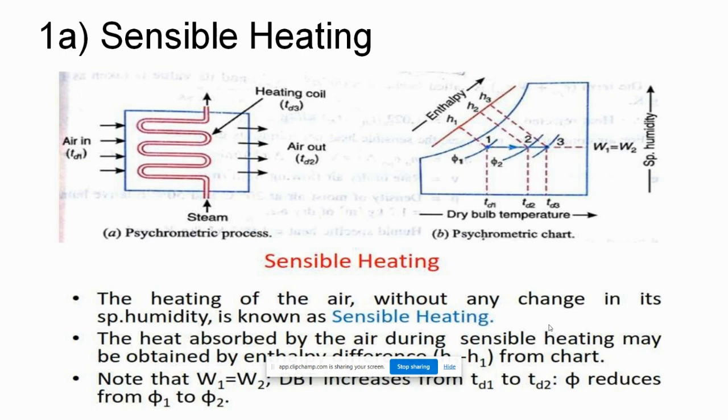Now, the heat absorbed by air during the sensible heating process may be denoted by the enthalpy difference H2 minus H1. So we can also define it by enthalpy change.